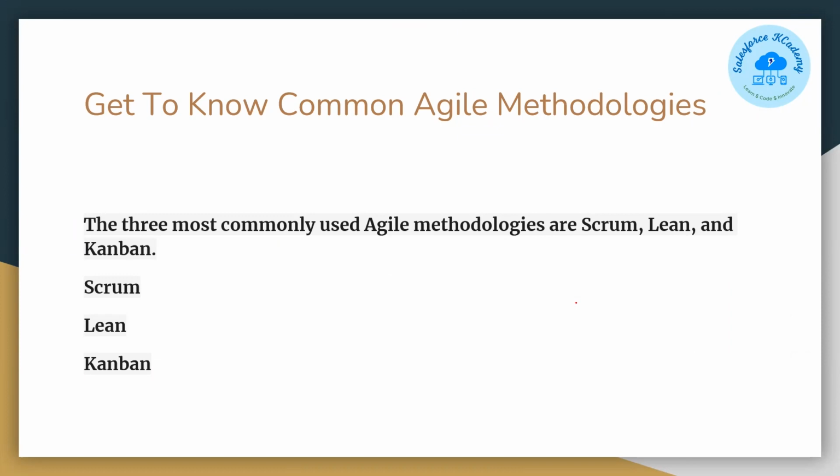Over the projects and companies that are using these Agile methodologies, we'll have 3 different types of options to choose from. One is Scrum, one is Lean, and one is Kanban. The most important from these are Scrum and Kanban.